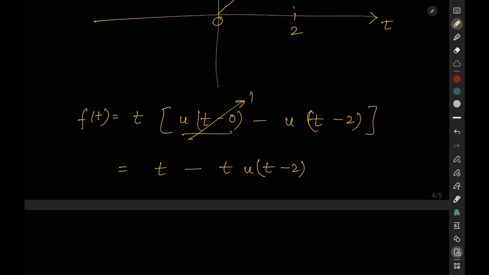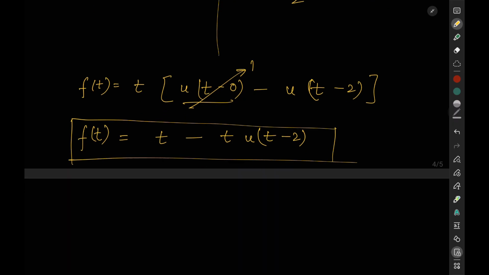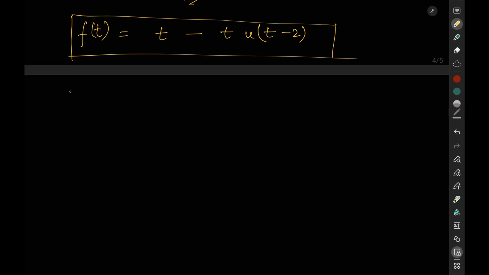Now we have to find the Laplace transform of f(t), that is the Laplace transform of t minus t into u(t minus 2). So the Laplace of f(t) will be equal to the Laplace transform of t minus the Laplace transform of t into u(t minus 2).